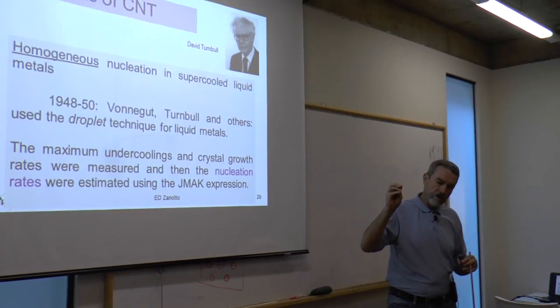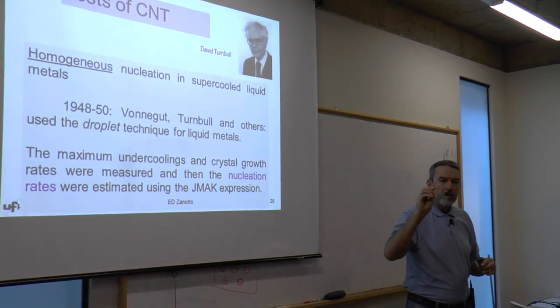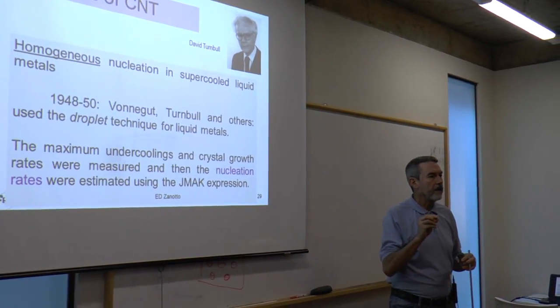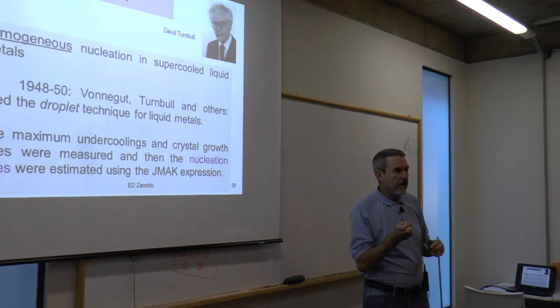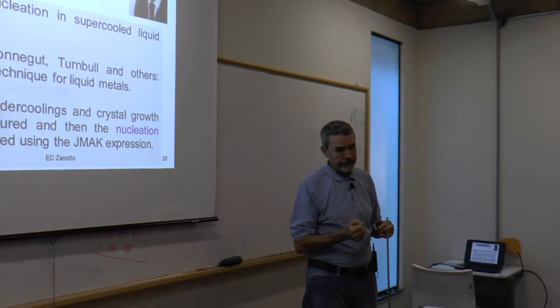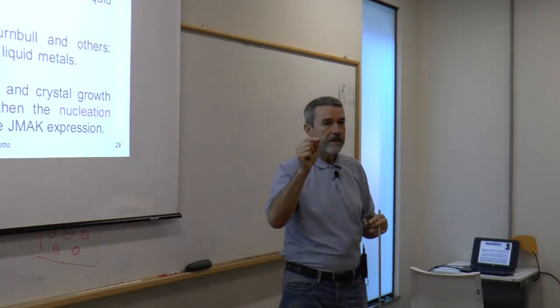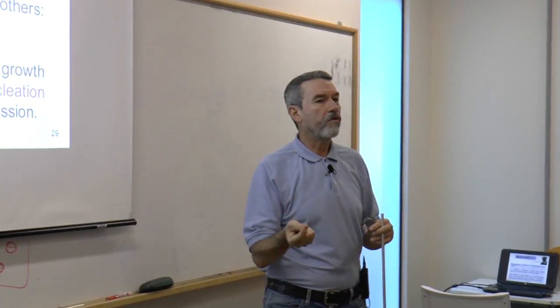So he was able to undercool small droplets of mercury and measure the overall crystallization kinetics and also the crystal growth kinetics. I have not explained this procedure yet to you, but if you have the overall crystallization rates and the growth rates, you can calculate the nucleation rates. That's how he did it.